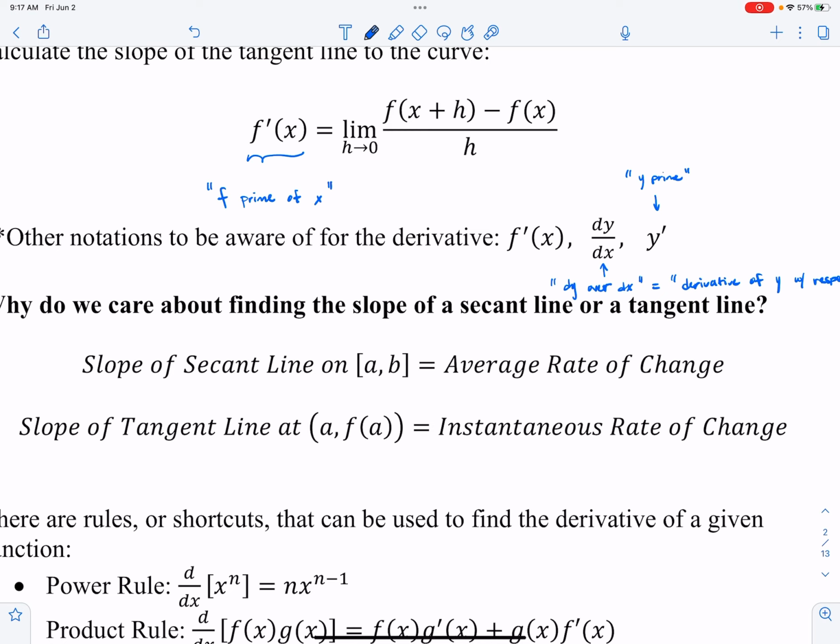And that is where we get into thinking about instantaneous rate of change. So the rate of change at a specific moment in time. Like there could have been a moment in time where my instantaneous rate of change, the rate in that moment that I was driving, was 75 miles per hour. And that would be different from the average rate of change, which would be my change in distance over an interval of time instead of at a specific moment.